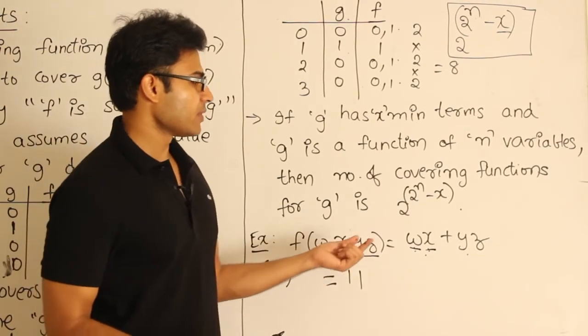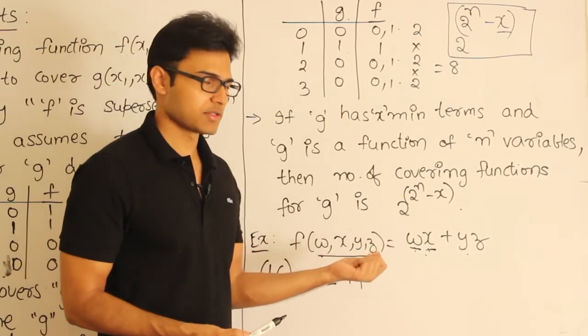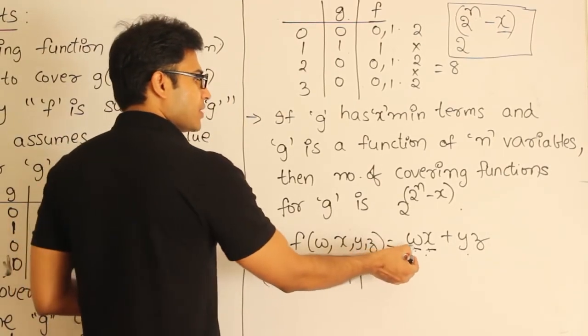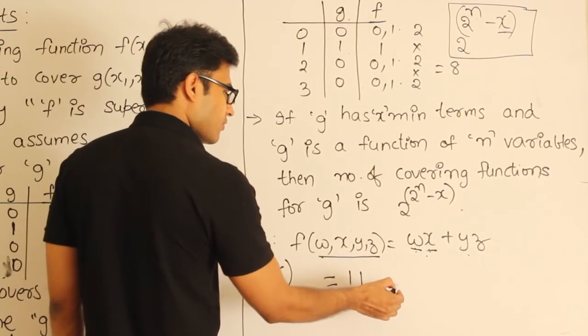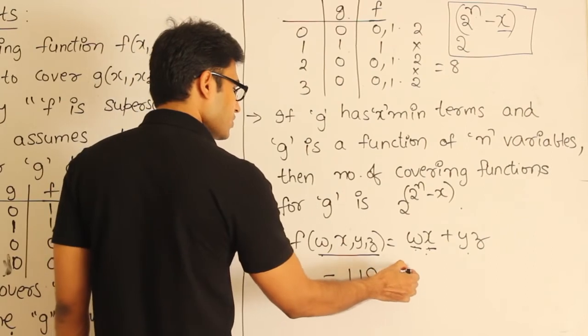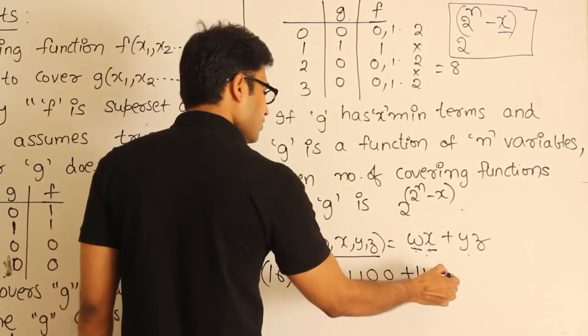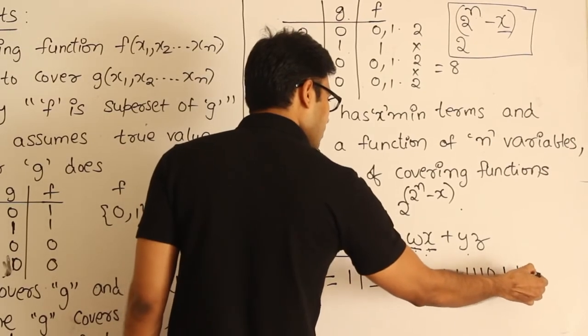See, I am telling you a method by which you can quickly arrive at the number of minterms present in a function. In place of wx I am putting 1, 1, and in place of y and z you have 4 combinations. Therefore 1, 1, 0, 0 or 1, 1, 0, 1 or 1, 1, 1, 0 or 1, 1, 1, 1.